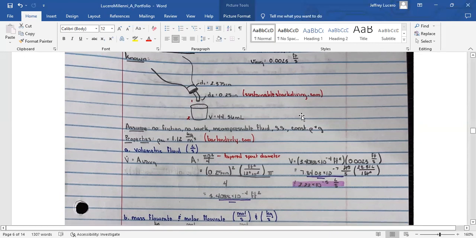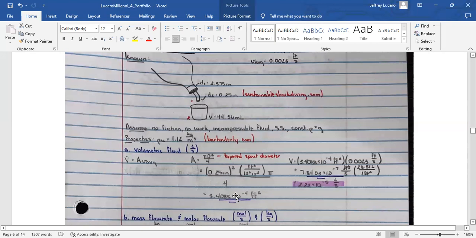For part A, we're finding the volumetric flow rate. V dot, the volumetric flow rate, equals the area times the average velocity. Area is pi d squared over 4, using the tapered spout diameter instead of the diameter of the bottle nose, which gives 3.4088 times 10 to the negative 4th feet squared.